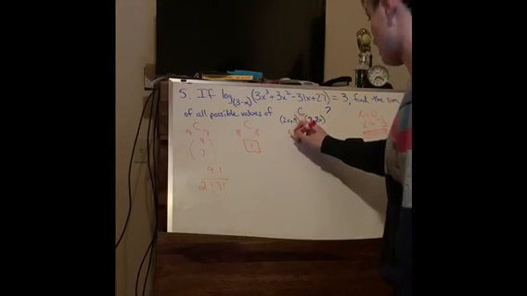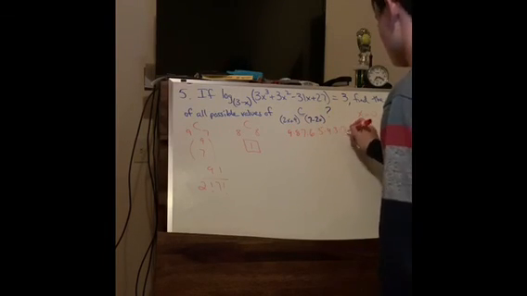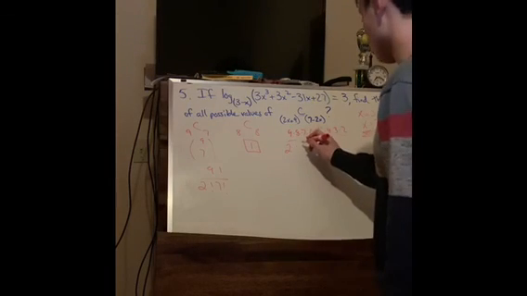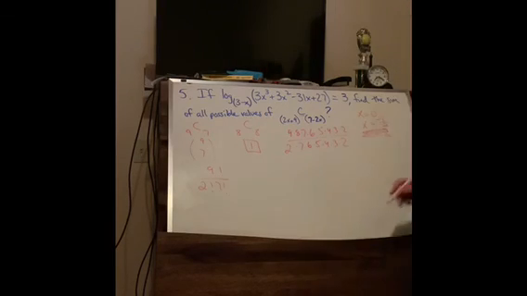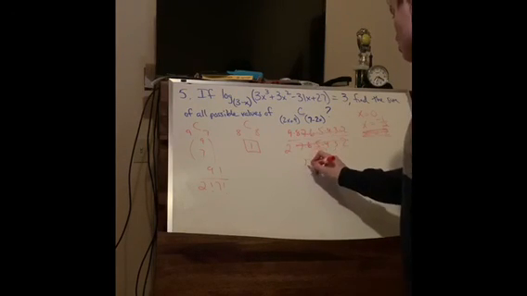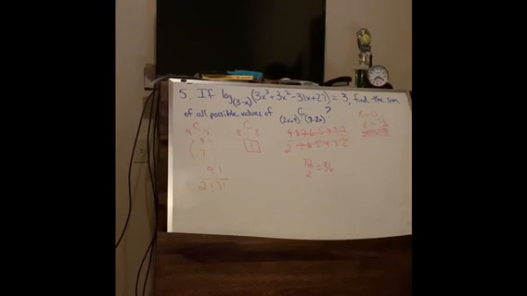So this is 9 times 8 times 7 times 6 times 5 times 4 times 3 times 2 over 2 factorial, which is just 2, and then times 7 factorial, 7 times 6 times 5 times 4 times 3 times 2. The only reason why I'm not putting in a 1 is because multiplying by 1 is not going to do anything. Cancel all that, cancel all that. Well, we get 72 over 2, which is going to be 36. That is 9 choose 7.